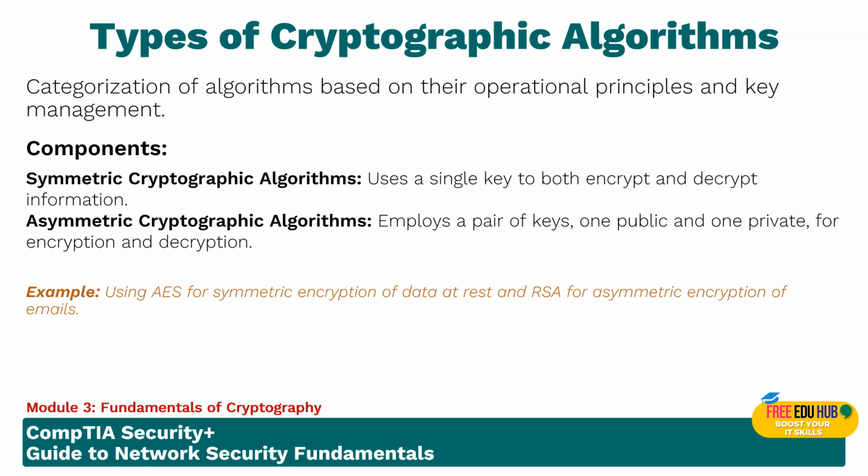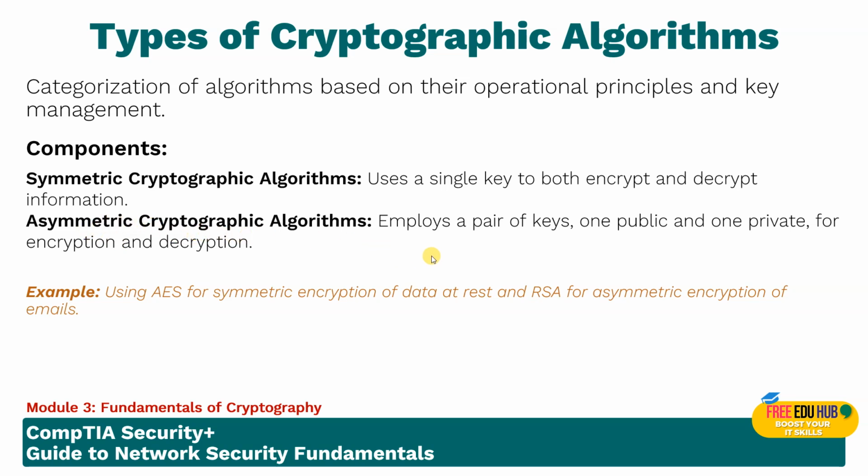Symmetric cryptography can provide strong encryption if the key is kept secure between the sender and receiver. The known strong symmetric algorithms are Advanced Encryption Standard, AES, which you might have seen when configuring your routers at home, and others like Blowfish or Twofish.